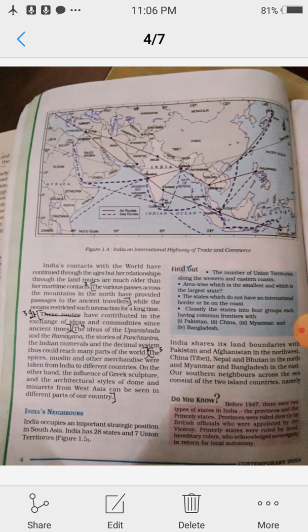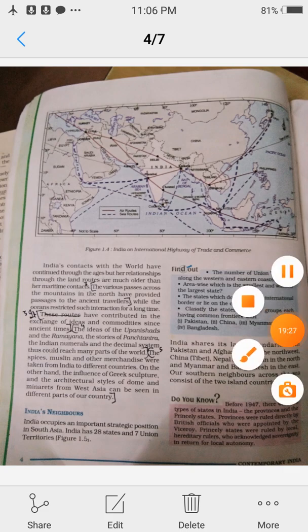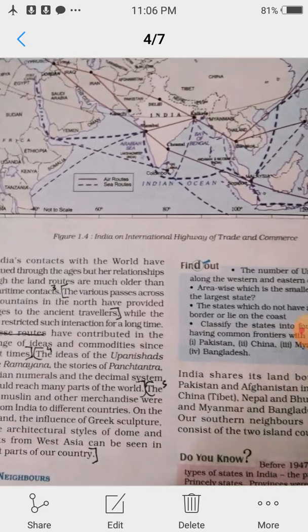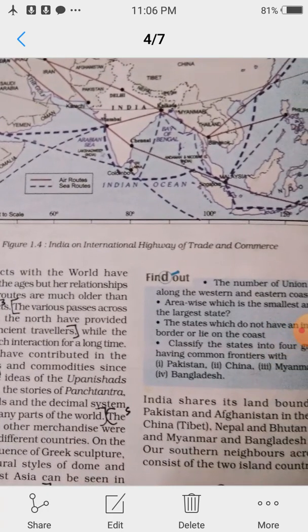Then we are on page number 4 of your textbook, Figure 1.4.